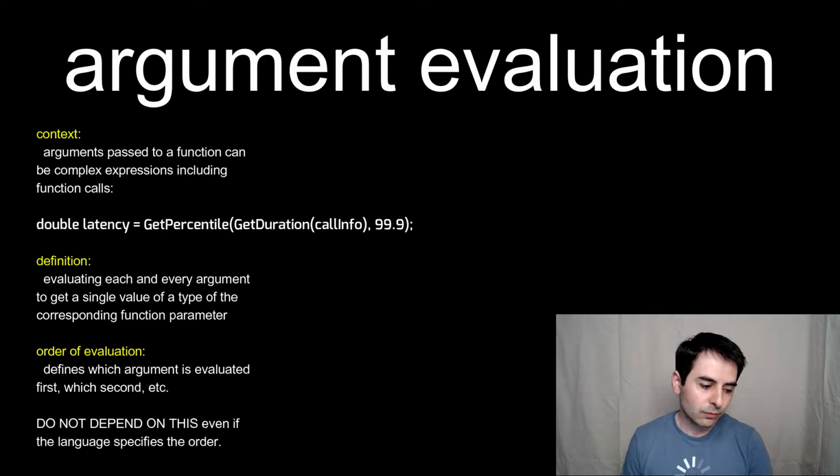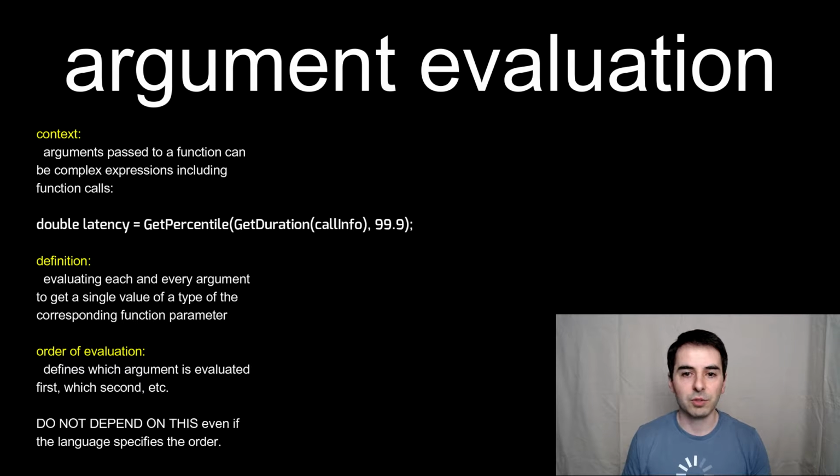And one thing I want to mention about evaluation is the order. So if we have n different parameters, and so we pass n arguments when we call that function, some languages specify what the order of the evaluation will be. So let's say if we have a function taking 3 parameters, some languages will say that the order of evaluation will be left to right.